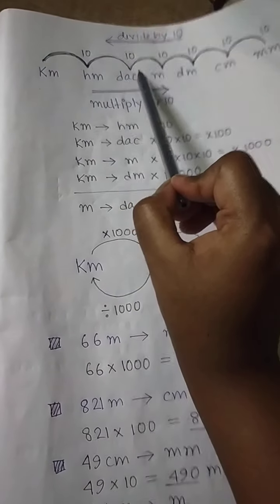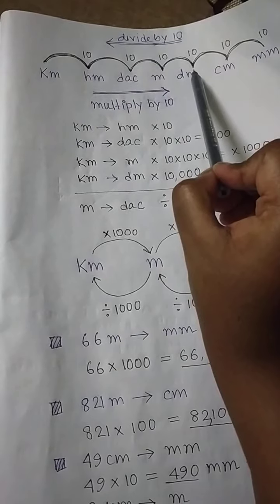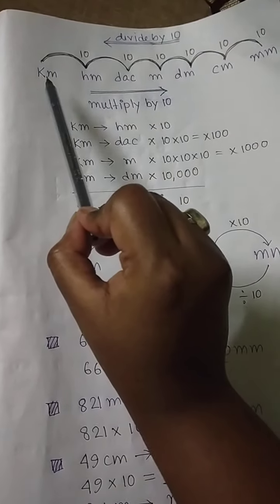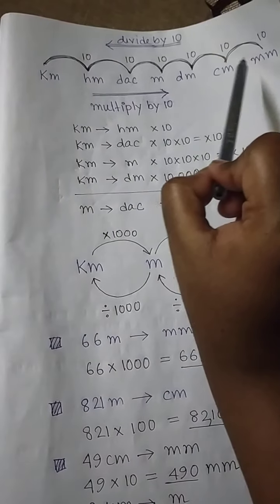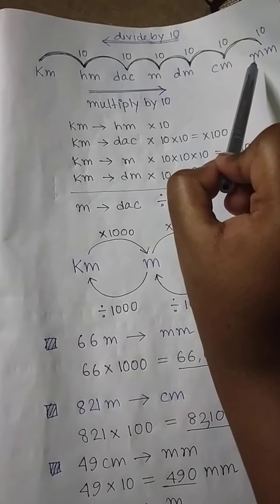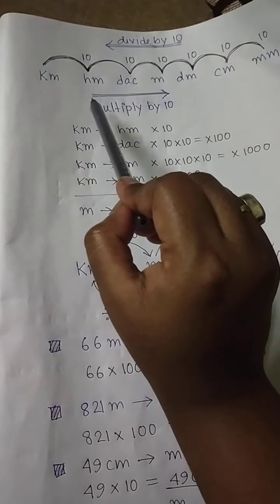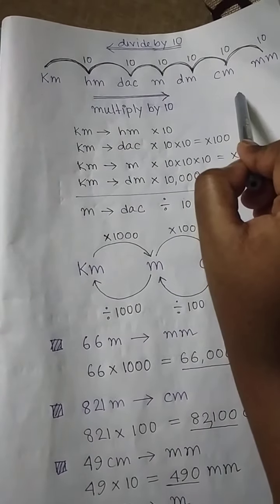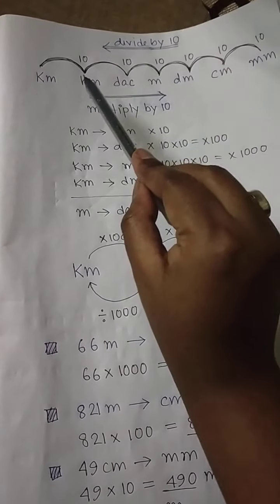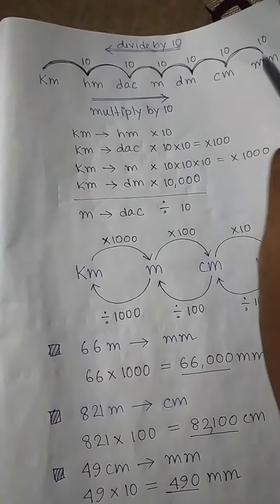From a bigger unit to a smaller unit, Best soccer mom, big to small, multiply. Multiply by 10 for each unit you go.